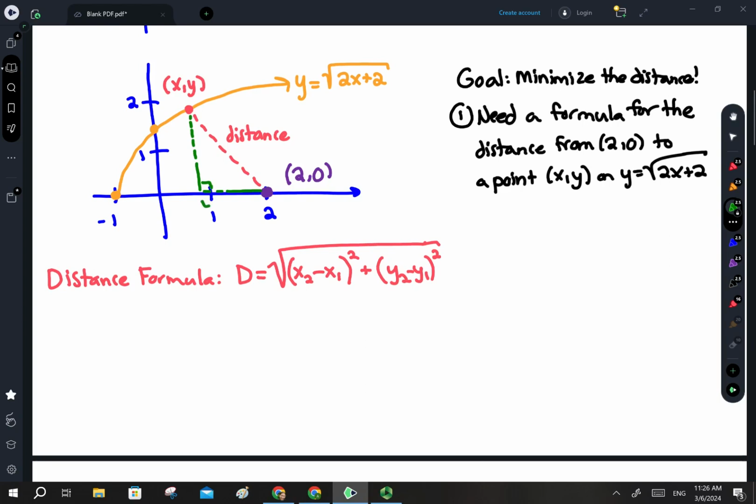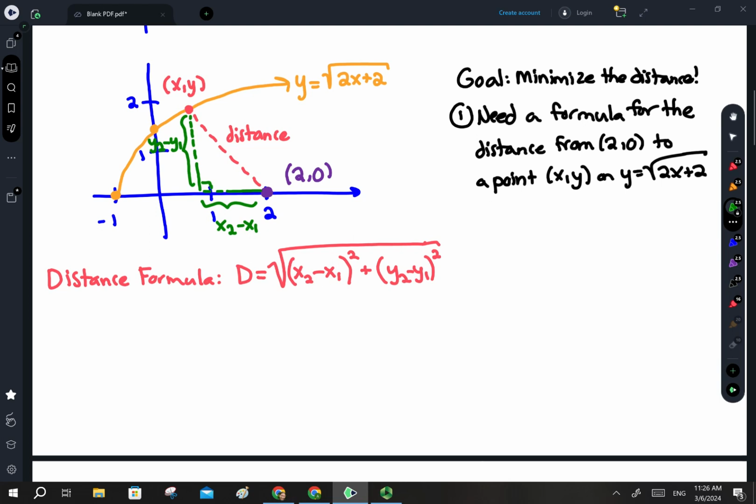The length of the base is the difference in the x values. So that would be x2 minus x1. And the height of the triangle is the difference in the y values, which would be y2 minus y1.